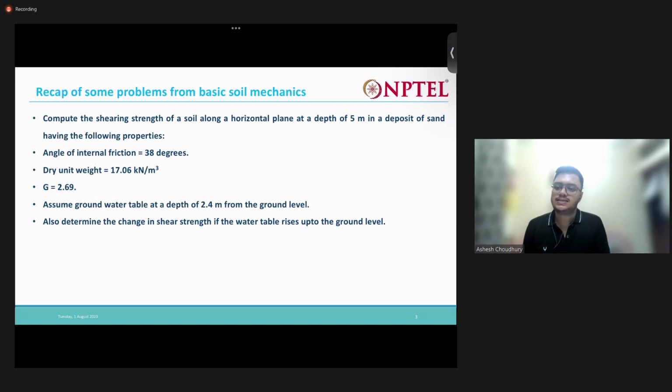And then the second case is that we have to determine the change in shear strength if the water table rises up to the ground level. So let us start solving.